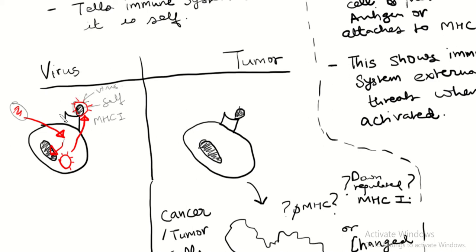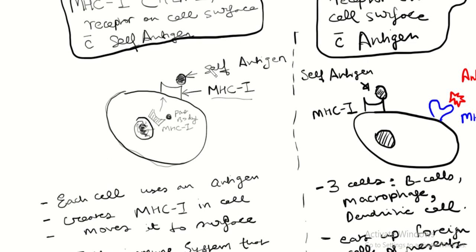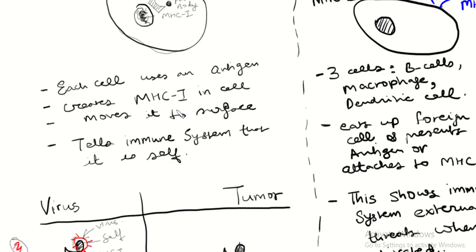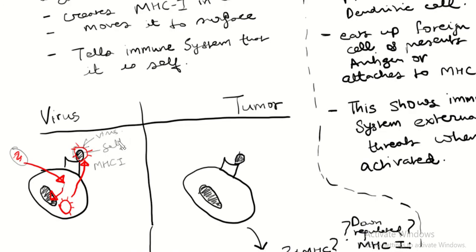Now, when the immune cells look at it, and we'll talk about T cytotoxic cells because that's what they do, they say, hey, this ain't right. This ain't good. He's not my friend because something changed. This is not a self-antigen anymore. There's something else going on here.